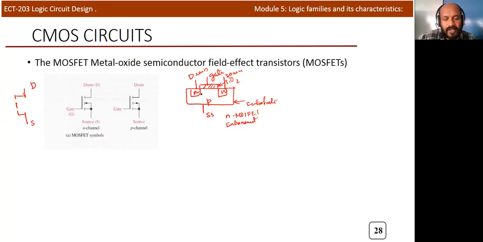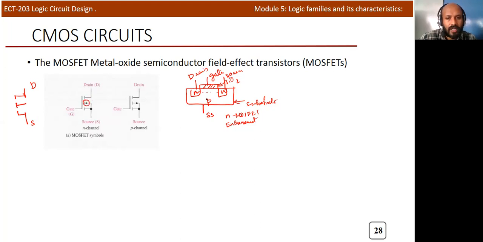For enhancement MOSFET, there is a gap between the drain and source, because the channel is formed only by the enhancement operation. So we indicate blank spots, actually indicating the channel. And the third terminal is the substrate, and here you can see an arrow marking the substrate.